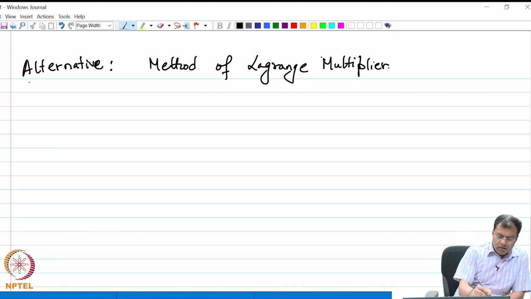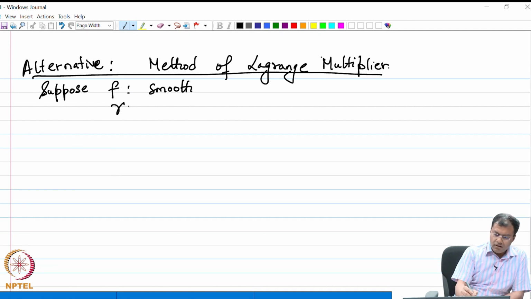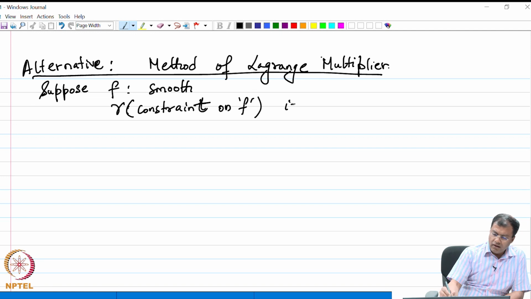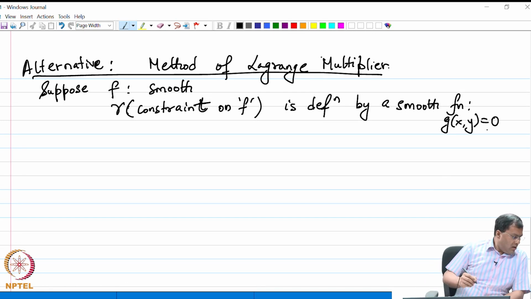So, suppose f is smooth, and the curve gamma which is the constraint on f is defined by a smooth function given by g of x comma y equal to 0, right.